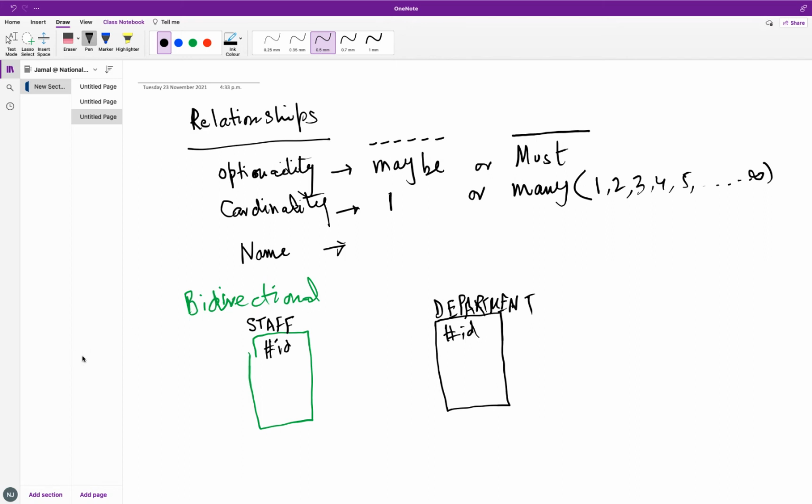Then we have one mandatory attribute, staff name, another mandatory attribute, PPS number, for example, and an optional attribute, phone number. For department, ID, and obviously a mandatory attribute, department name. Optional could be, for example, address. This optionality and mandatory sort of thing also comes from the business logic.